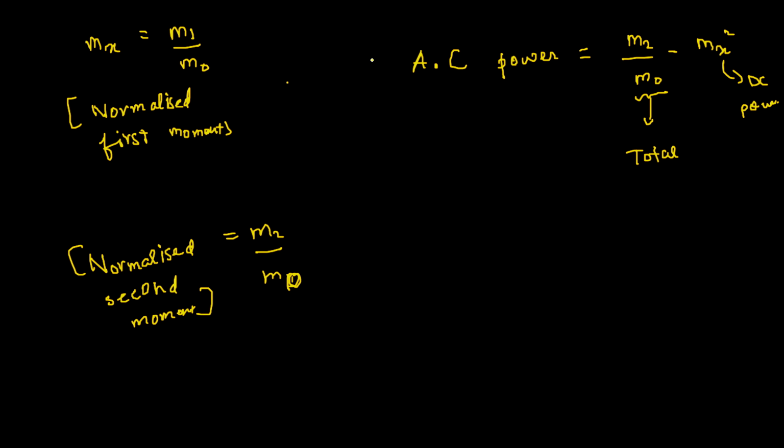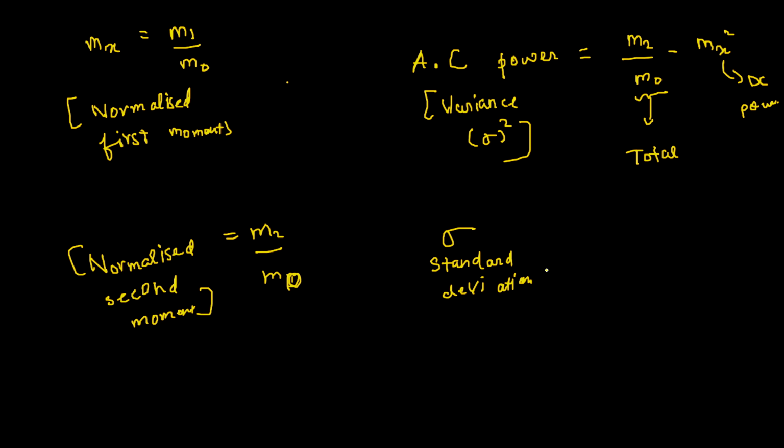So this AC power is variance, which is denoted by sigma square. So sigma, which is standard deviation, is denoted by root under m2 by m0 minus mx square.